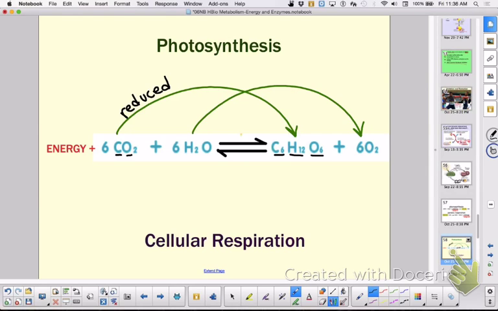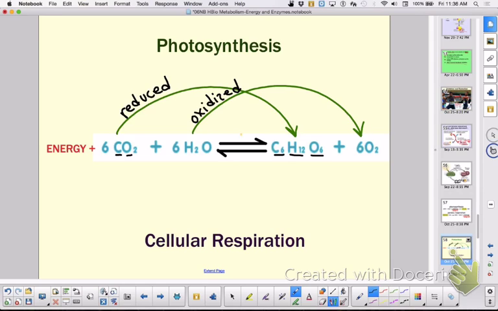Okay, look at the water. Here it was water, and now it's just plain old oxygen. Did it get reduced or did it get oxidized? And when it happens at the same time, it's called a redox reaction. Do you agree? Now, in order to reduce something, what do you need? You need energy or electrons.